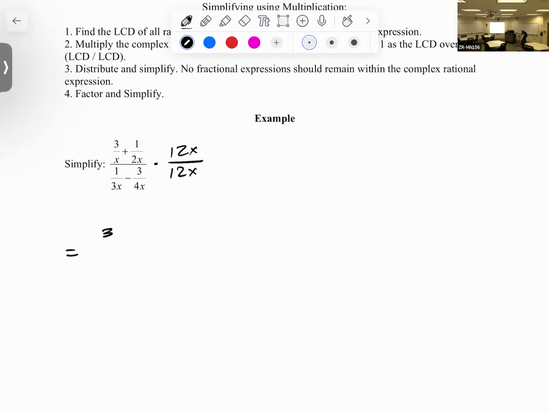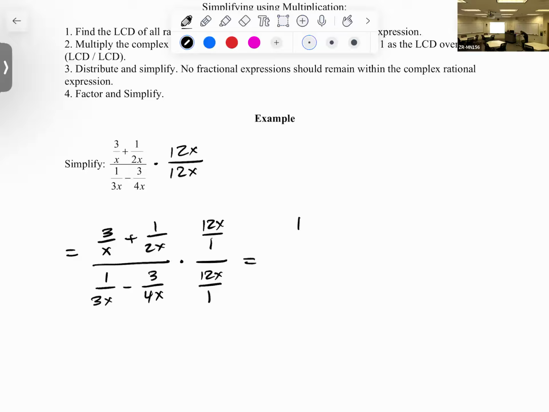In order to do that, though, since I have so many fractions, I need to turn that 12x into a fraction. And then, just so we can see, what's really nice about this is so much stuff is going to cancel. So I'm going to write this out. It's going to get a little worse before it gets better.